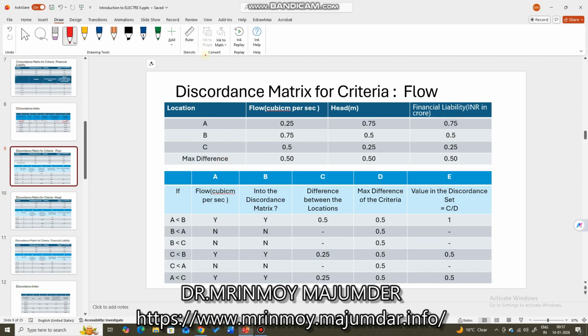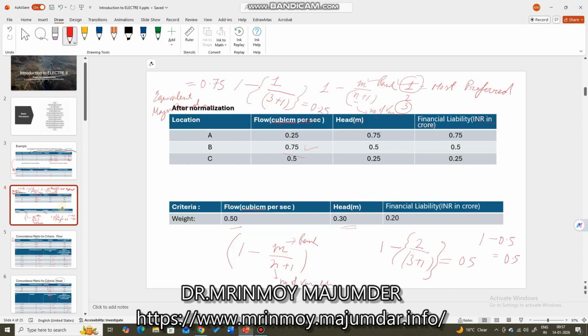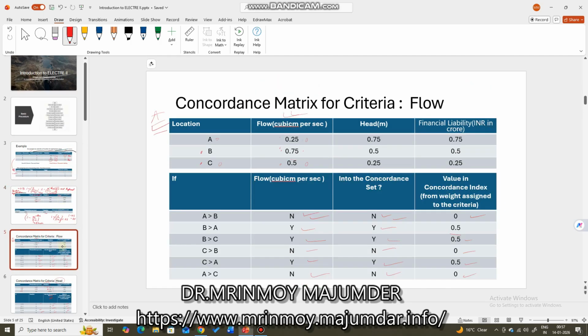In the concordance matrix, we are questioning whether A is greater than B, whether your alternative is more than the other alternative, one by one. If it is no, it doesn't get membership of the concordance set, and the weightage of the criteria doesn't get included into the value of the concordance index.